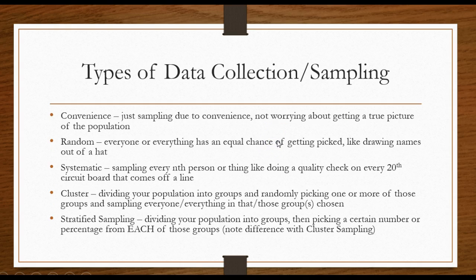Types of data collection and sampling. You always need to know this. First of all, there's convenient sampling, which is by far the least effective type of sampling. You just go around the house and say, well, who's your favorite candidate running for mayor?